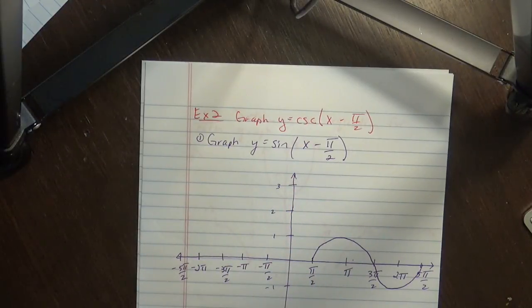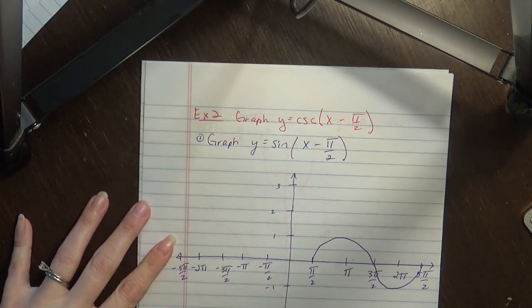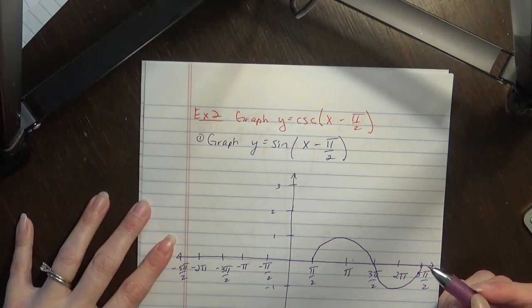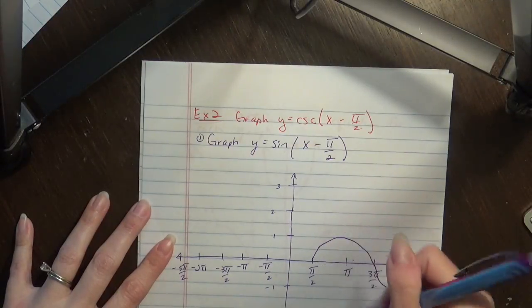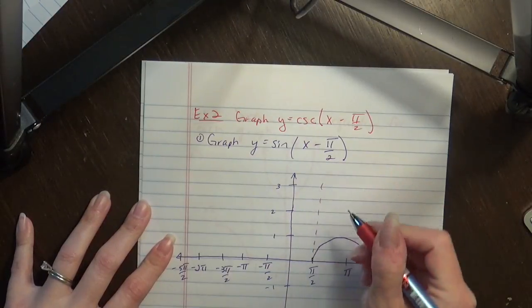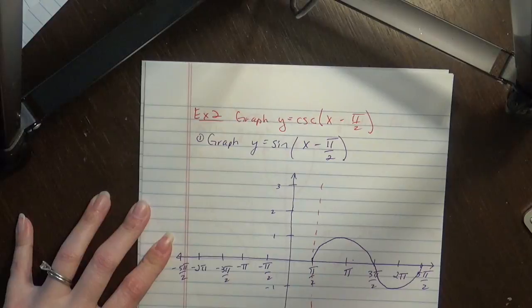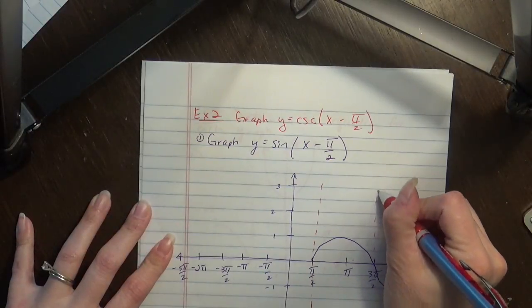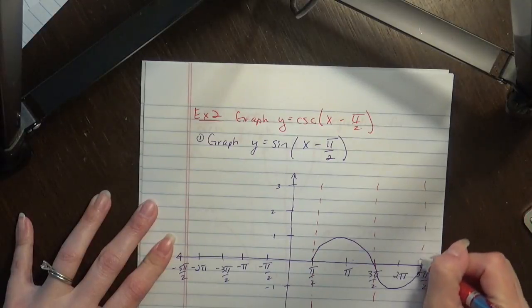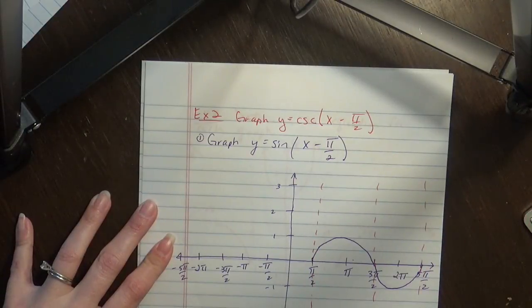To get our cosecant function, we'll put in the vertical asymptotes at the x-intercepts, the same as in the previous one. So let me change my colors. So we'll put in our vertical asymptotes at each of the x-intercepts. Okay.